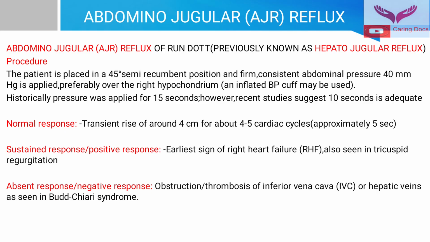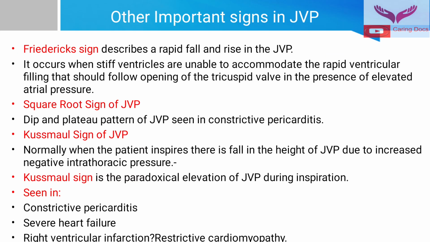A sustained or positive response is the earliest sign of right heart failure, and it can be seen in tricuspid regurgitation. An absent or negative response suggests that there is obstruction or thrombosis of the inferior vena cava or hepatic vein, as seen in Budd-Chiari syndrome.